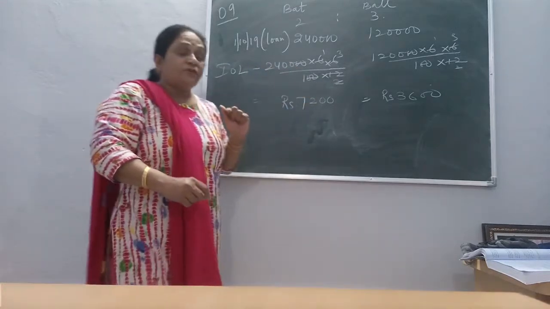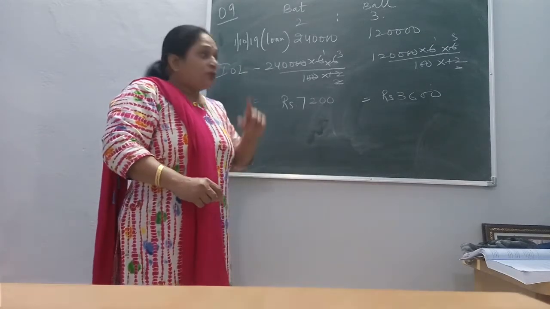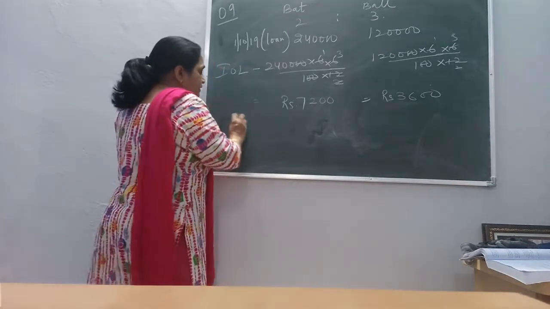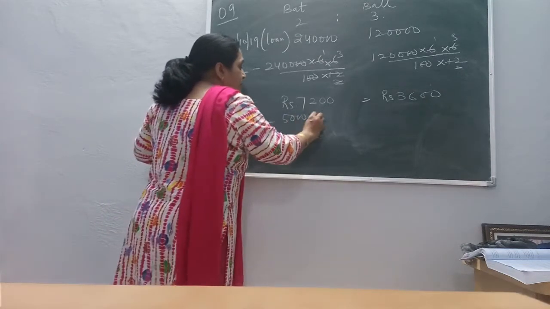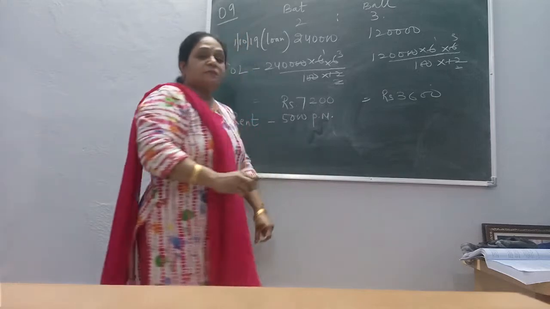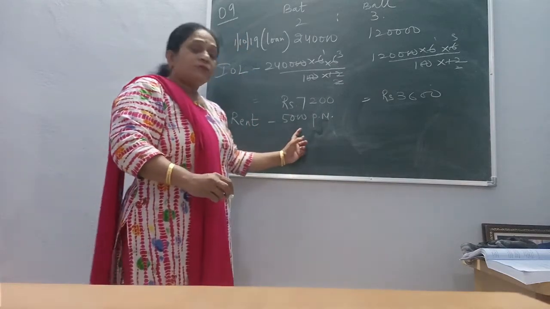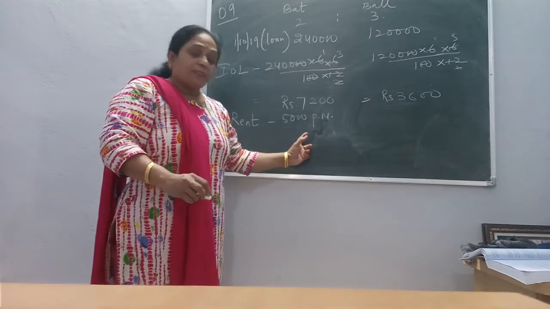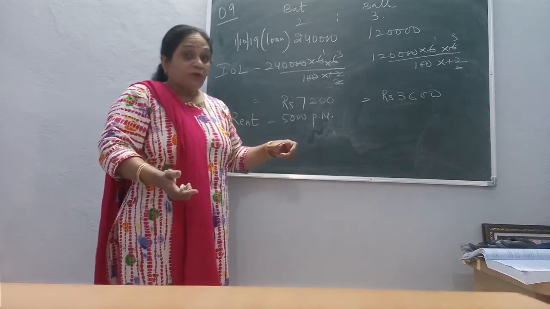But the firm is mentioning that it had a loss of 9,000. One more aspect is there in this question, which is rent. The rent is payable 5,000 per month. Now 5,000 per month means you have to pay it for the whole year. That is 60,000, right?